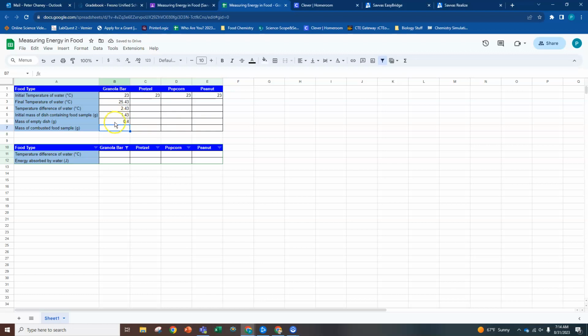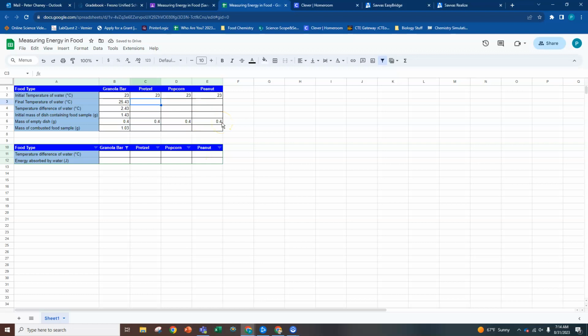This minus this. In our head we know it's 1.03, but we'll let Excel or Sheets do the work. Big number minus small number will give us the 1.03. The mass of that empty dish is going to be the same every time, so we can save some time by putting this all the way across. And now we just have to get the numbers for the rest of the samples.